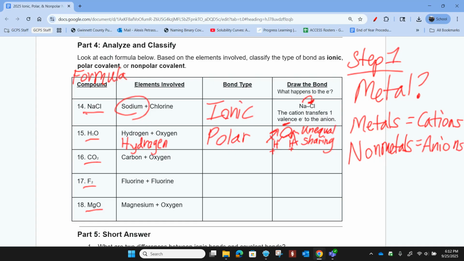Okay, carbon and oxygen, CO2. It's not just one carbon and one oxygen, it's also another oxygen. So carbon plus 2 oxygens. All right, bond type. So CO2, if you look in your notes, that is an example of nonpolar. Also, if you think about electronegativity and where they are on the periodic table, they're very close to each other. So they have a very similar electronegativity.